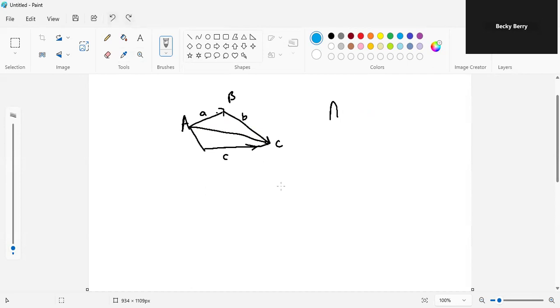What if we want the line segment AD? That's this red line segment. How do we get there? Well, we haven't named this vector, so we have to go along the vectors that we know.